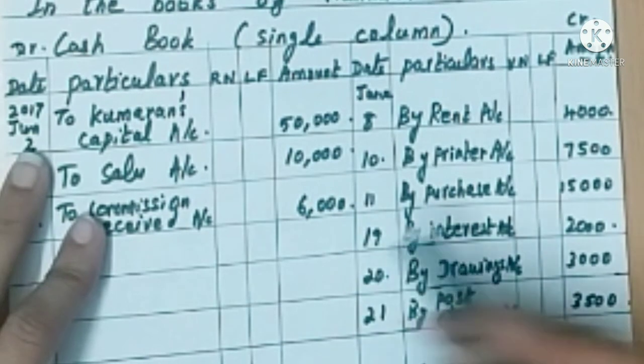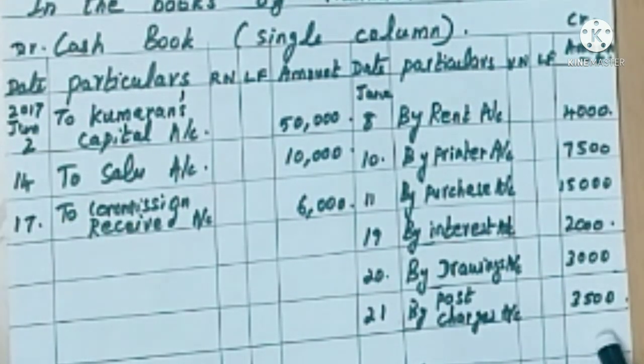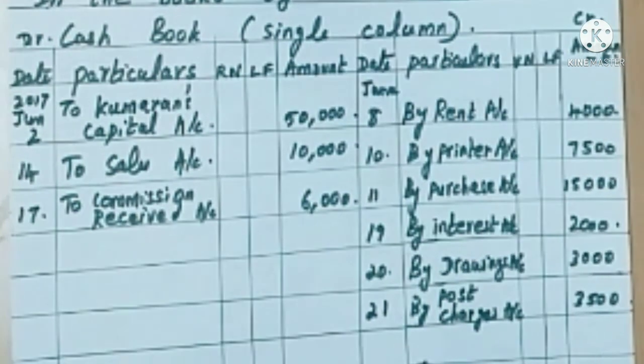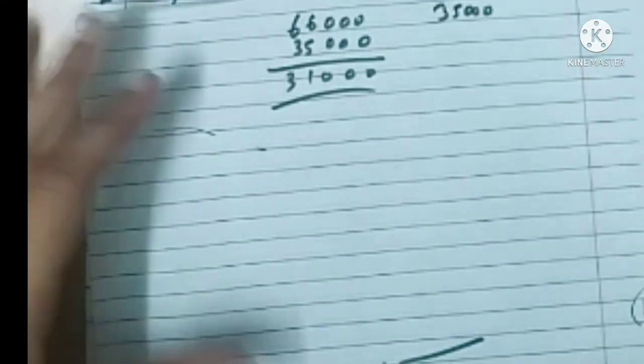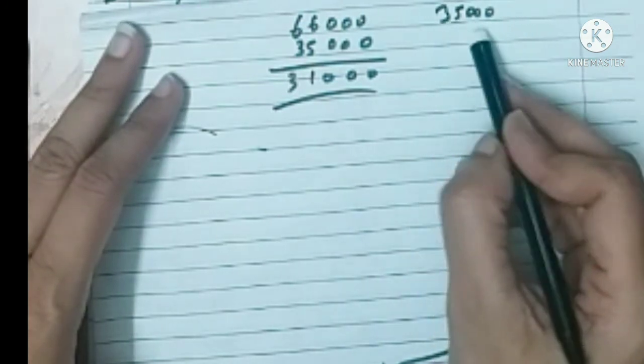When we total on the debit side of cash book, we get the total as rupees 66,000. When we total on the credit side, on the credit side we get rupees 35,000.